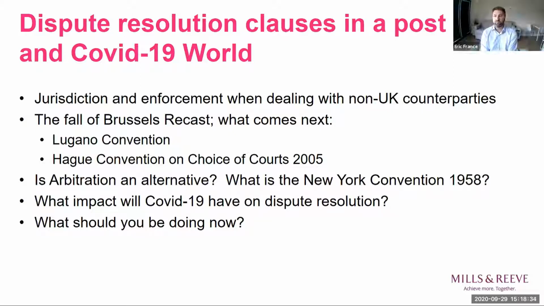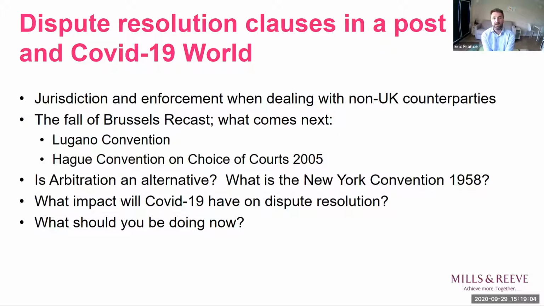So what should you be doing about all of this? Well, firstly, contract managers and drafters should review the dispute resolution clauses in key contracts, especially in contracts with counterparties who are based in the EU or whose assets are primarily located in the EU, and consider whether those clauses are still suitable in light of the changes that Brexit is going to bring about and the bottleneck that COVID is likely to cause.